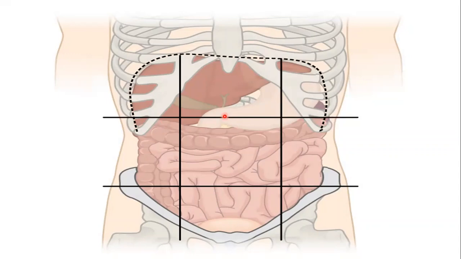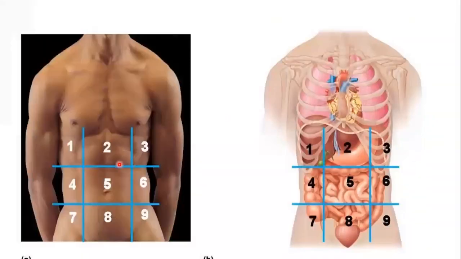Or you can define the transpyloric plane in an alternative way, in such words that it is basically the middle point of the distance between the inferior aspect of the sternum, that is the xiphoid process, and the umbilicus. As you can see, this is the navel or the umbilicus, and somewhere here we have the xiphoid process.